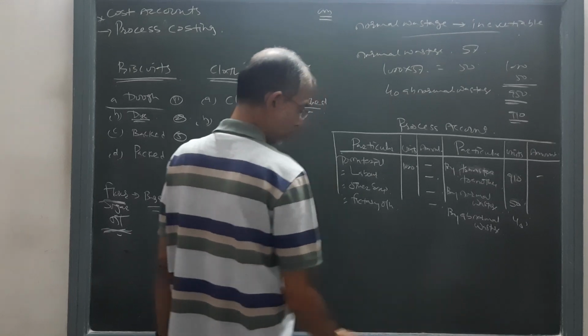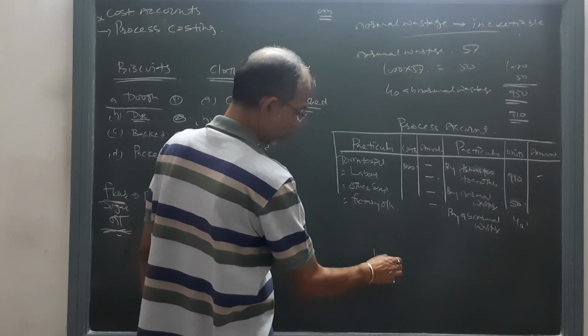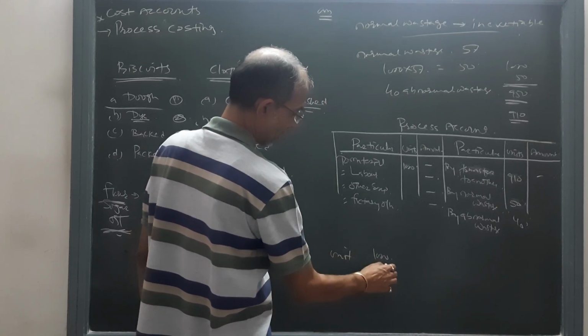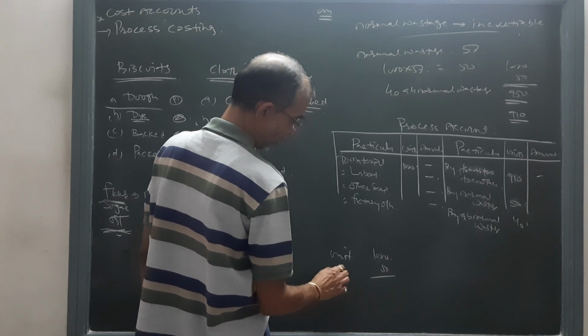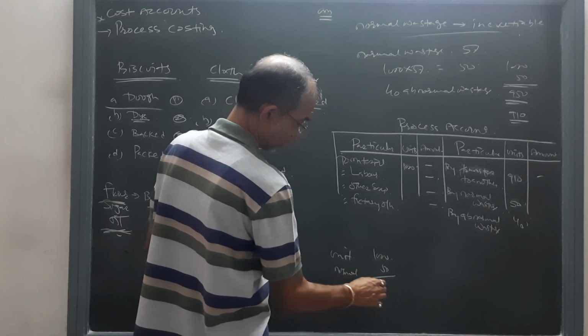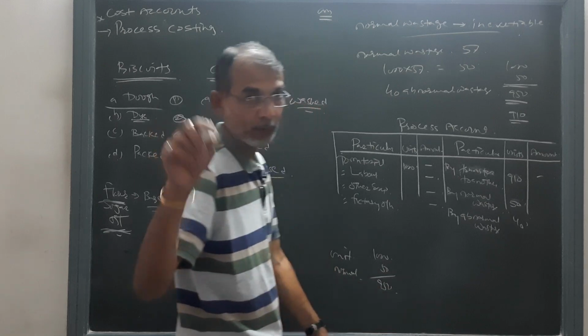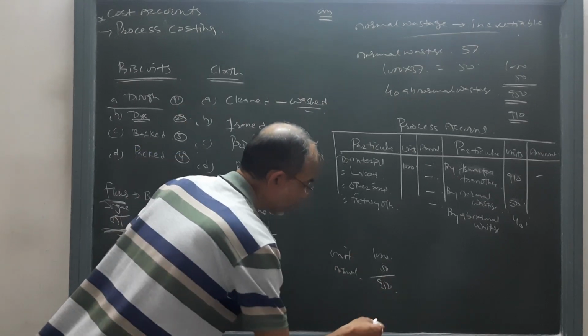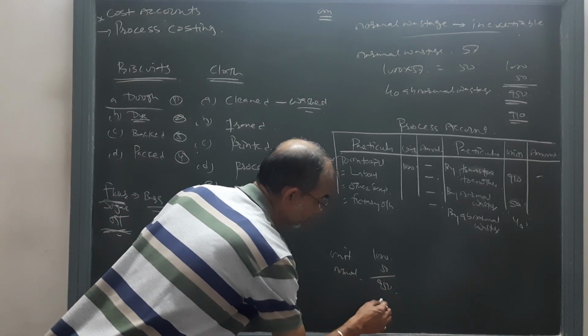But suppose out of 1000 units, 50 units are normal wastage, so 950 units must be manufactured or transferred to another process.